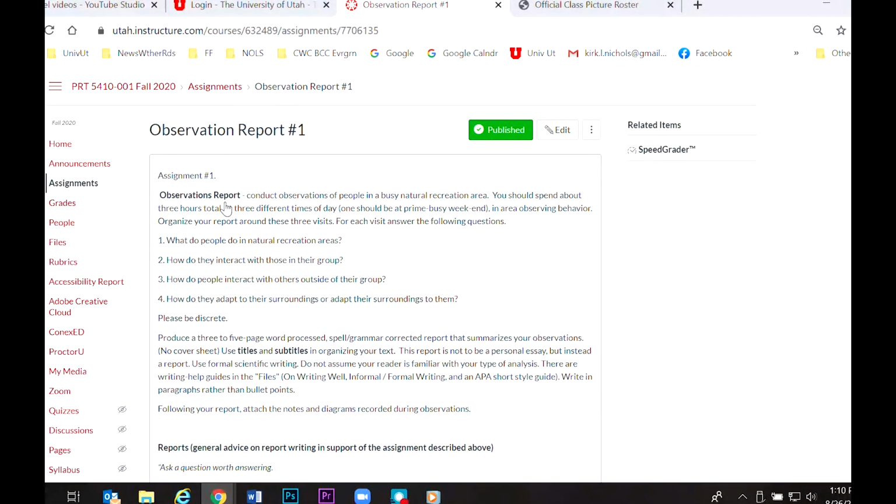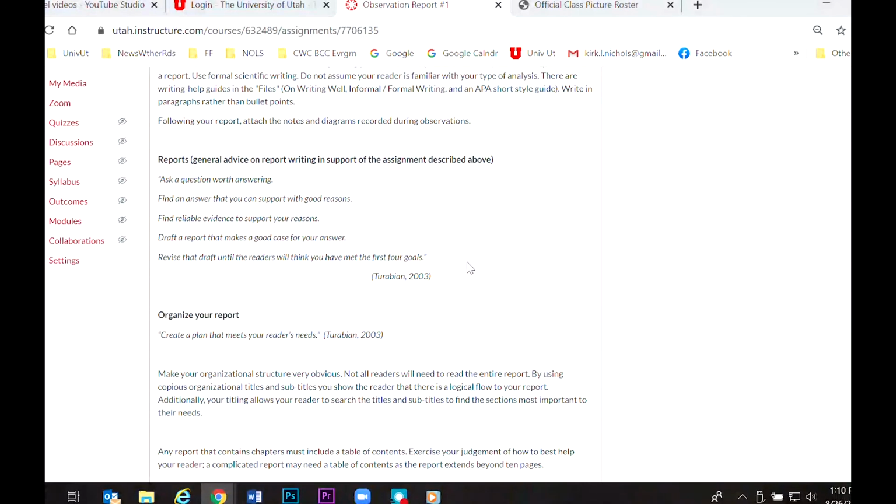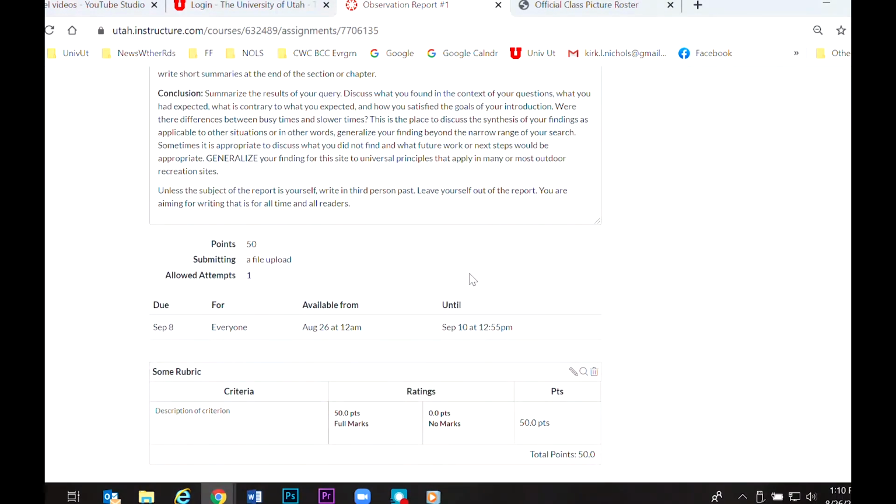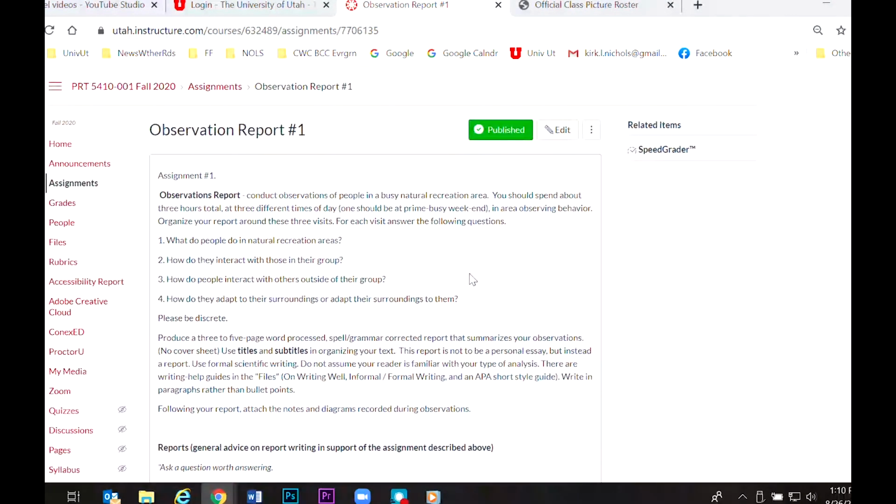It's a form of keyword searching on paper. Okay, it's not a personal narrative, so make sure you're using formal writing. So then I give you some advice here on organizing your report, which I'm going to let you work through on your own. Let's switch now back to assignments.